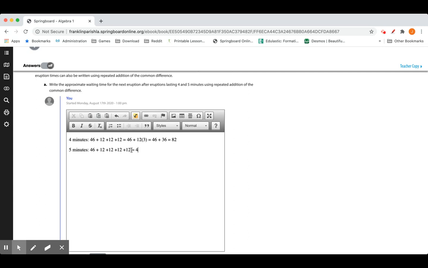It's the same thing as 46 plus 12 times 4, which is 48. 46 plus 48. Well, 8 and 6 is 14. You carry the 1. 1 and 4 is 5, plus 4 is 9. 94.